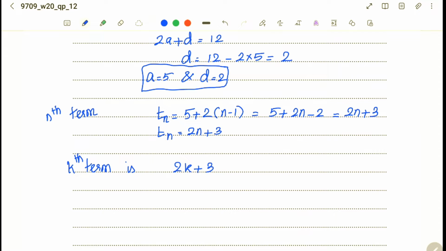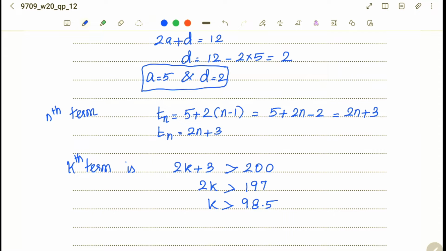Okay, it's given the kth term is greater than 200. So 2k is greater than 200 minus 3, 197. So k is greater than 98.5.